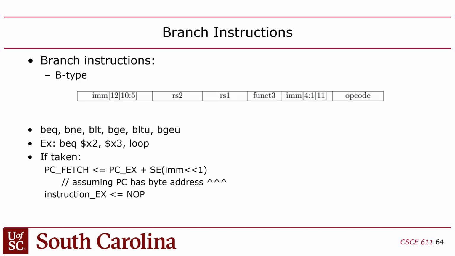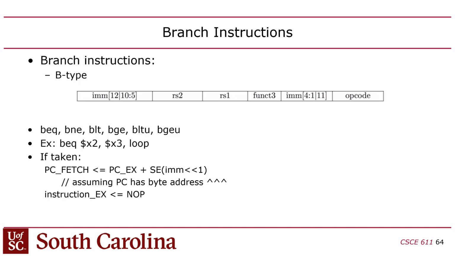Because if you look at the instruction, the immediate is in 2 separate fields, and I have no idea why they did this, but the immediate is spanning the bits 12 down to 0. So the actual immediate as a byte address is a 13-bit immediate.